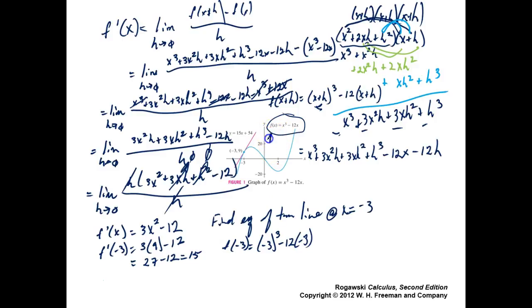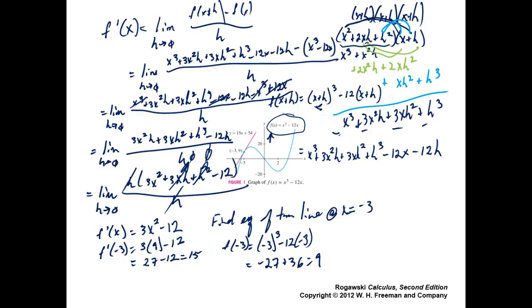Plugging into this one, right? Okay, and that would be what? What's -3 cubed? -27. And what's -12 times -3? Positive 36, and this comes up being 9. Okay, so f of -3 is 9.